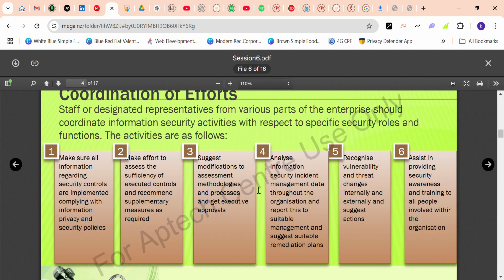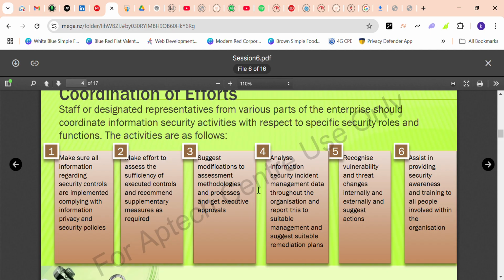Number four, analyze information security incident management data throughout the organization, report this to suitable management, and suggest a suitable remediation plan. Number five, recognize vulnerability and threat changes internally and externally and suggest action.